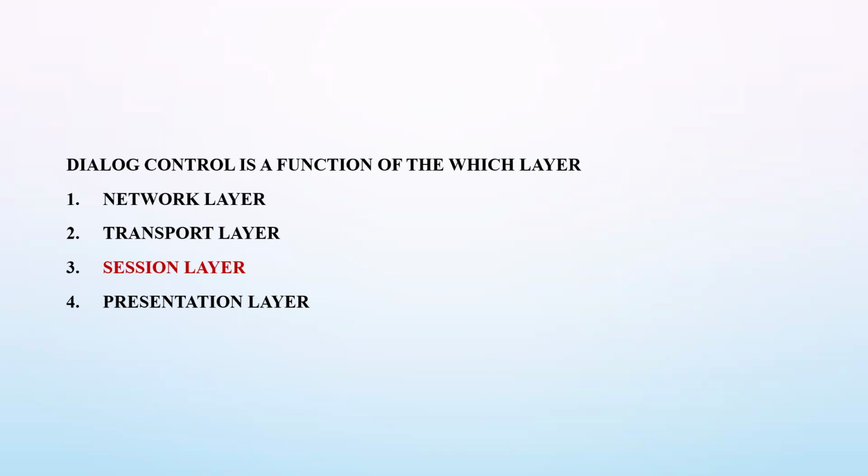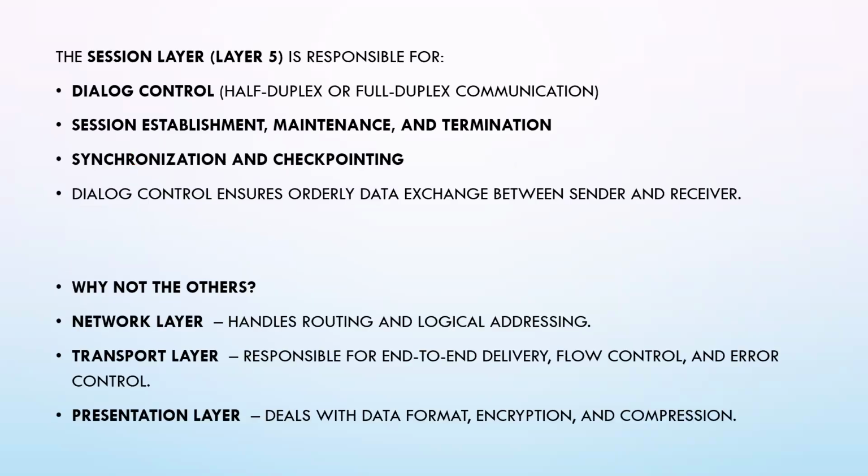So it's a direct question; while seeing the question itself, we can say this is the answer. Session layer means dialog control and synchronization. Network layer is routing, transport layer is end-to-end delivery, flow control and error control, and presentation layer deals with encryption and compression.